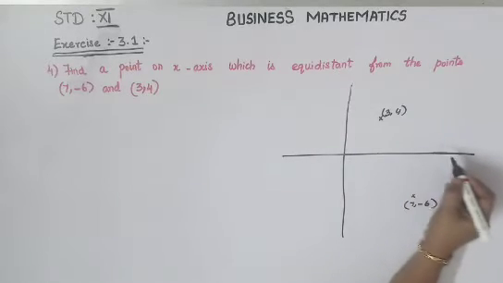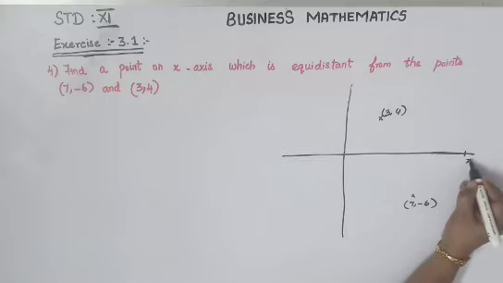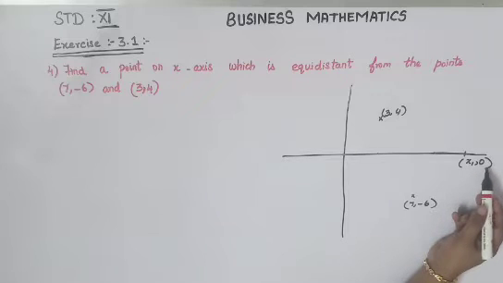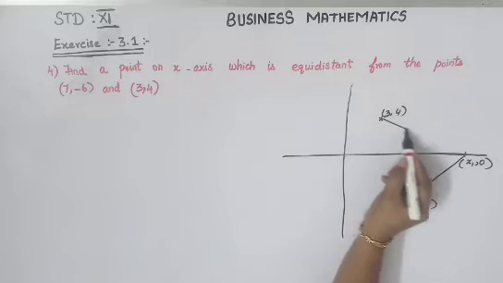Find a point on x-axis which is equidistant. So we'll have to find a point on x-axis. So I'll just keep a point here on x-axis. So your value will be x1, 0 because on the x-axis, y will be 0. Okay, so x1, 0. Now join this point and this point.